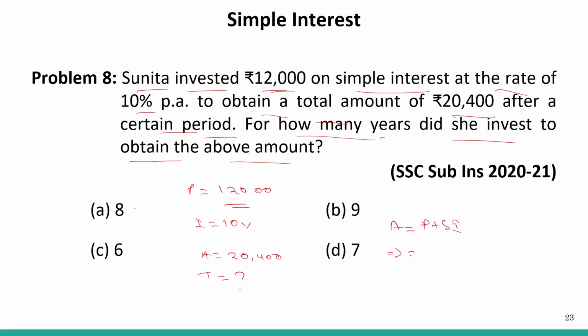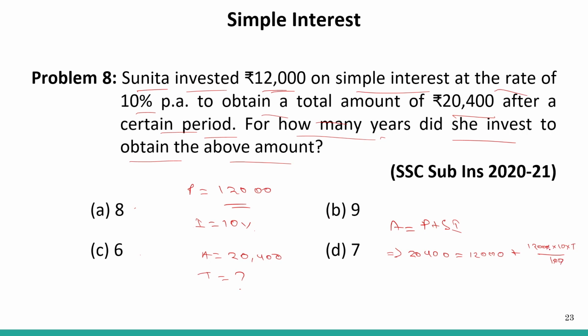So this implies that 20,400 is equal to 12,000 plus SI, where SI is equal to PRT by 100. So P is equal to 12,000 into R is equal to 10 into T is unknown here by 100, right?